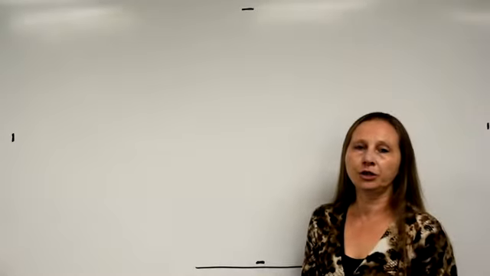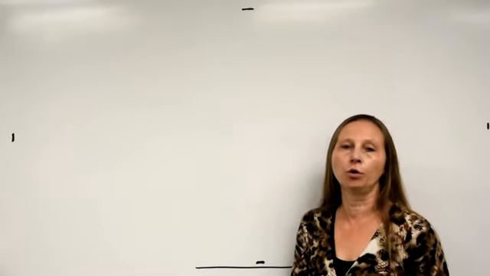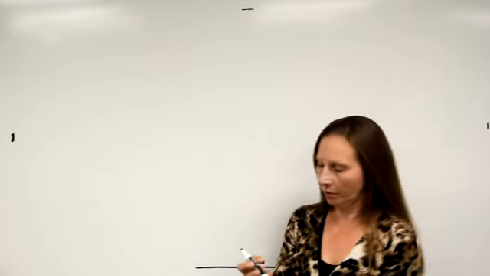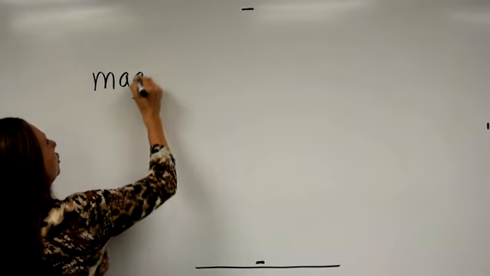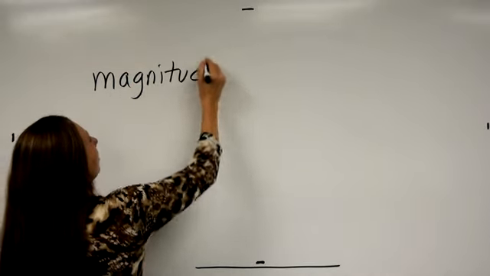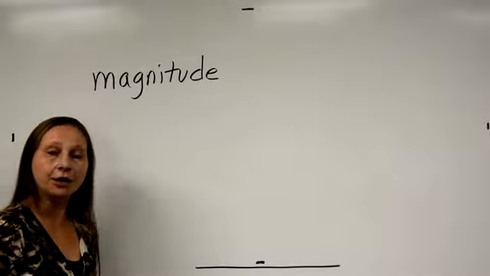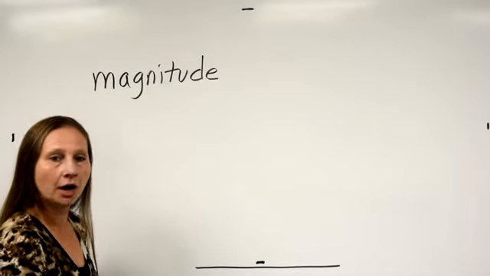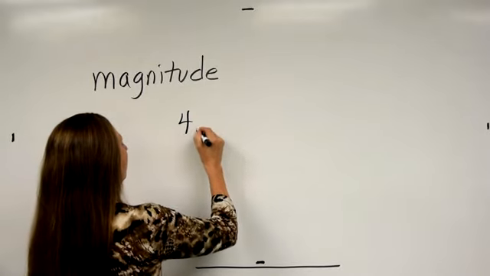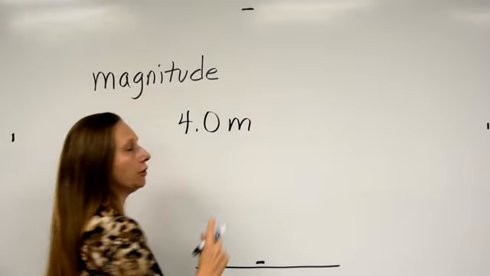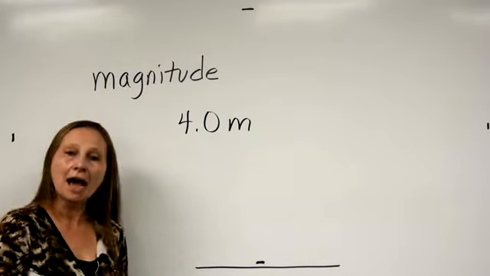Now, I'd like to start with the definition of the word magnitude. All right, the word magnitude means just a number. Right? A magnitude is just a number, usually with an accompanying unit. For example, 4 meters is a magnitude.